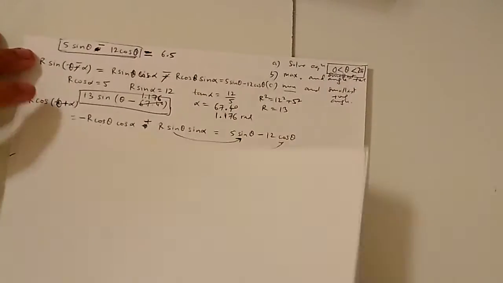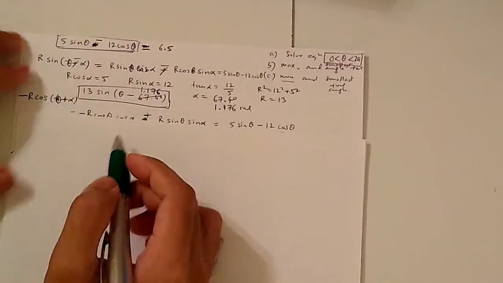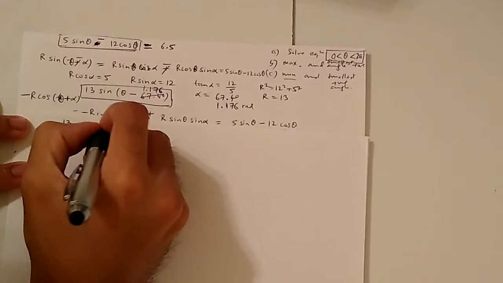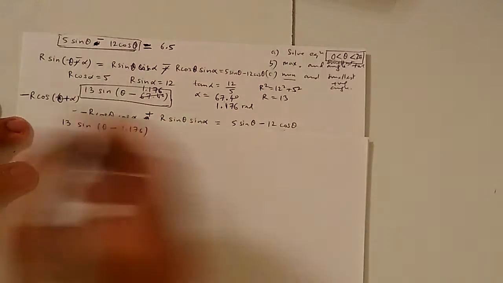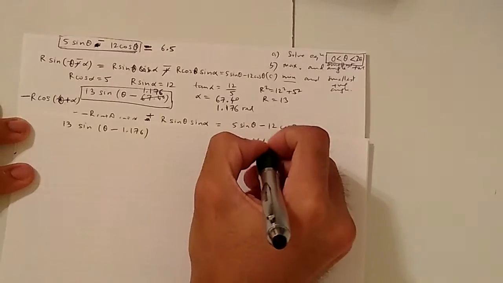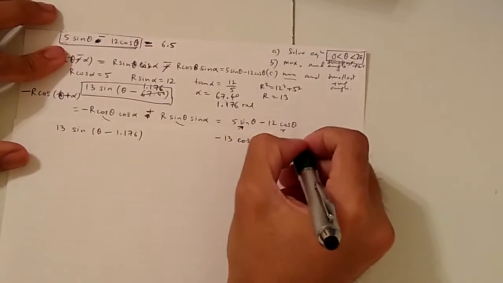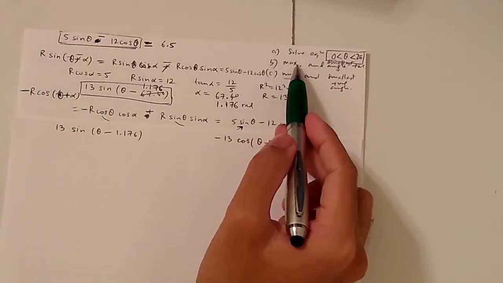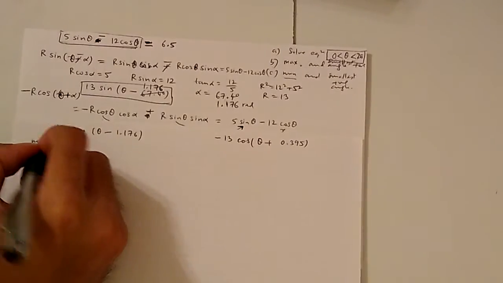Okay, so if we try to rewrite this again in the sine form, for the first method we have 13 sine of theta minus 1.176, and for the second method we have minus 13 into cos of theta plus 0.395. Now the maximum value for sine is going to be 1.